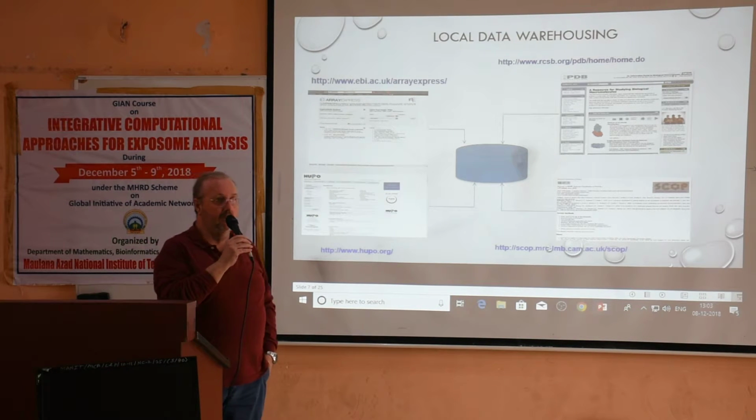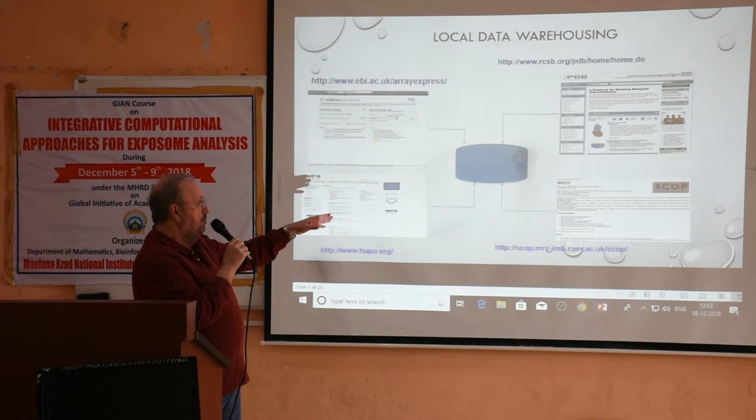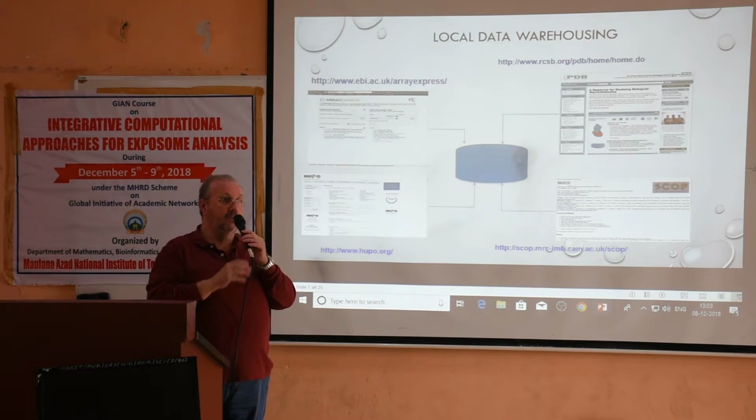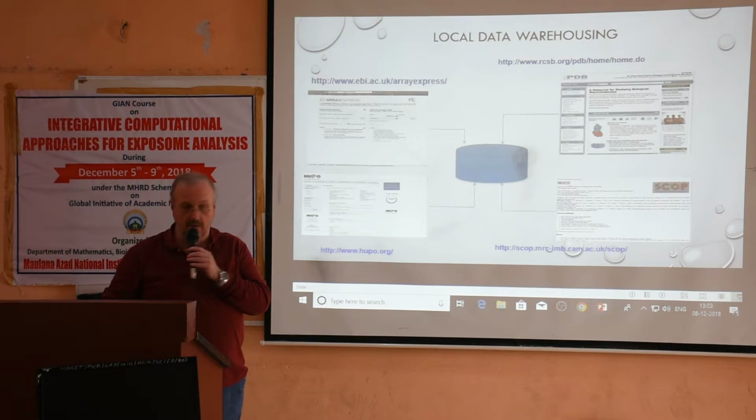In the previous lesson I was talking about structural elements. SCOP is a database that contains the classification of basic structural proteins.